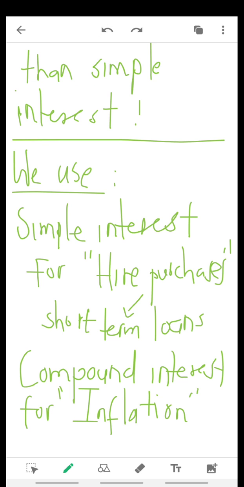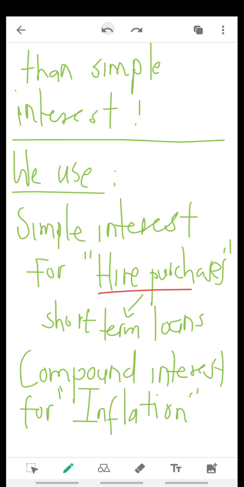I've already said that. Again, terminology is important in financial math. They will usually talk about what we call a hire purchase, which is a short-term loan, and they will also talk about what we call inflation. Inflation being the general increase in the prices of goods and services. So whenever they talk about hire purchase, just know that it associates with simple interest.